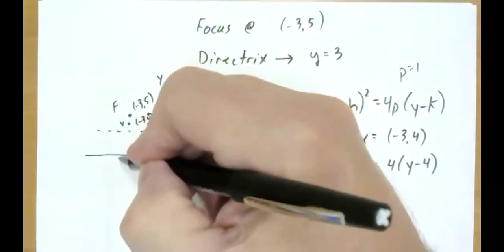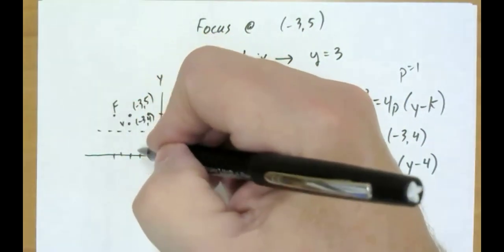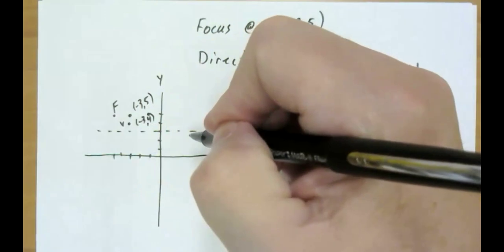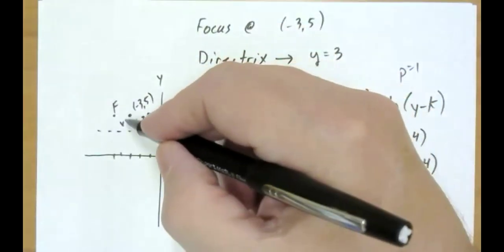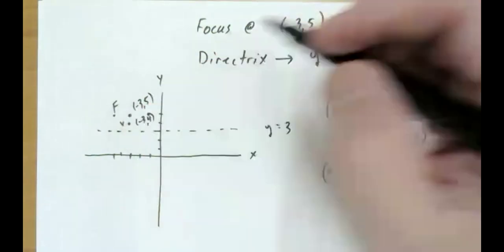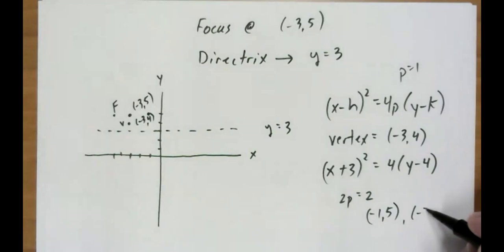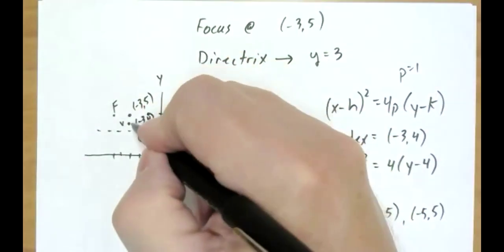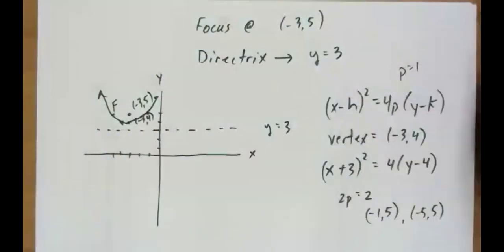And then 2 to the left, and that's going to be -5, 5. So you can see this parabola might look something like this.